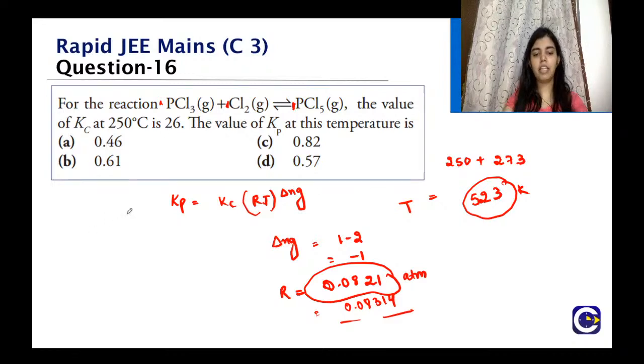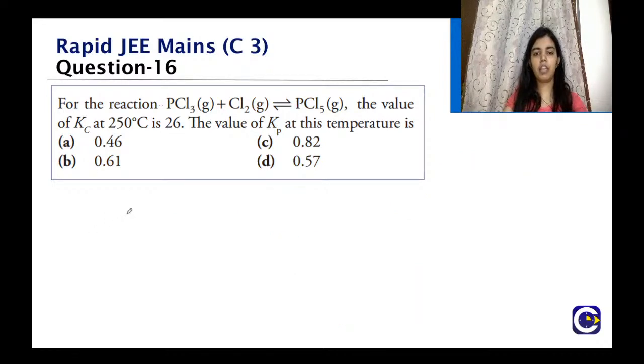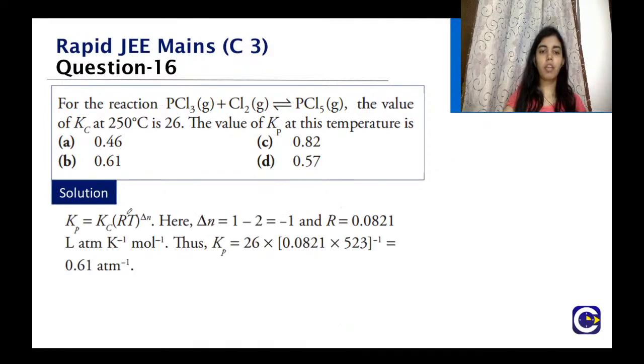Now you apply the values in the formula. Kp equals 26 into 0.0821 into 523 raised to the power minus 1. That will give you the answer as 0.61 atmosphere inverse. That is, the answer for question number 16 is B.